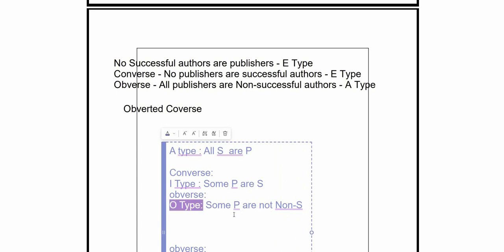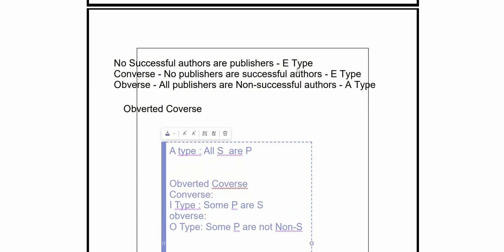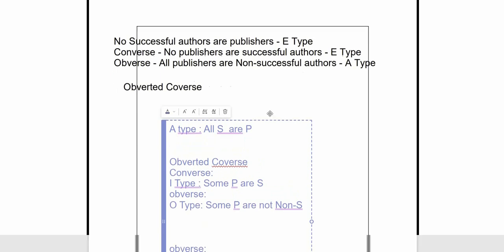The predicate will remain at its place. But the subject will remain at its place, and the predicate S will become non-S. So this will be the final obverted converse conversion. So this is the obverted converse for the A type. Now we have already done the E type, so we will not go into that.